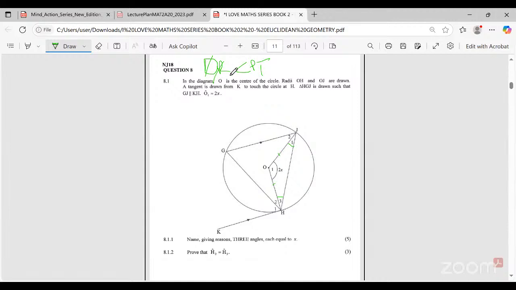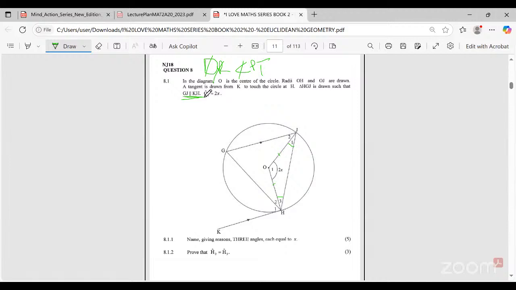Is there a cyclic quad? No, sir. Okay. Are there parallel lines? No, sir. Oh, you're saying no or yes? There are no parallel lines, but I think there is a cyclic quad, sir.